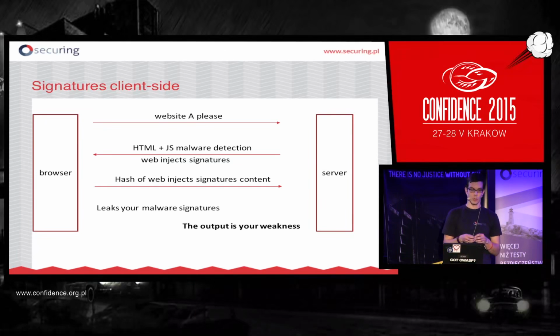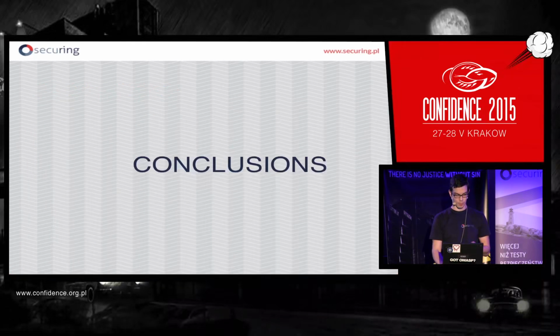So if there was no malware present on the machine, the array was sent back to the server as it was sent to the browser. So whether we had malware or not, we could also forge the "we are clear" message and send it back to the server. So, in the case of client-side signatures.